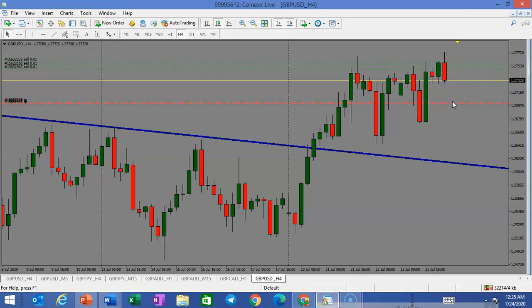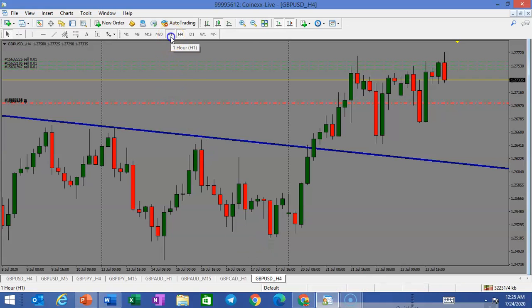So that's pretty significant. This may just be a really strong resistance level that we need to take into consideration.